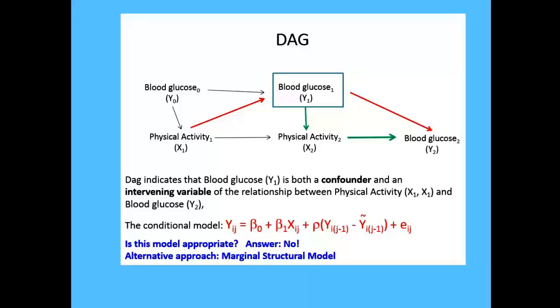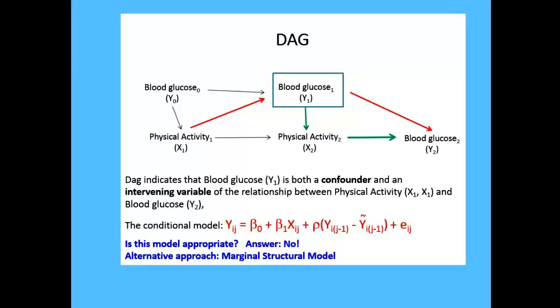We're measuring both at different times: physical activity at time 0, blood glucose at time 0, physical activity at time 1, and we want to eventually predict blood glucose at time 2 from physical activity level at time 1 or 2. Now it turns out that this DAG indicates that blood glucose is both a confounder and an intervening variable. Does it or does it not? How is it a confounder?